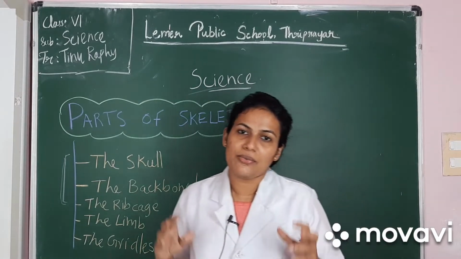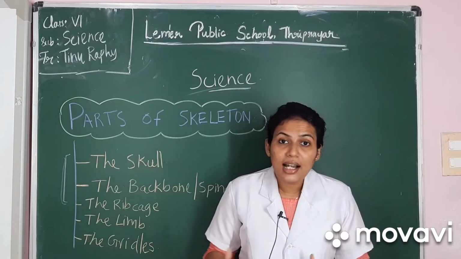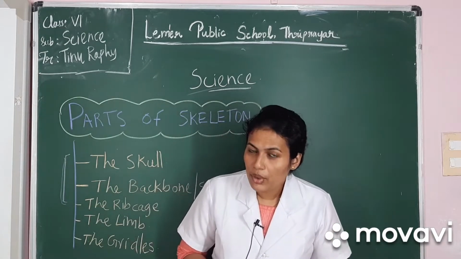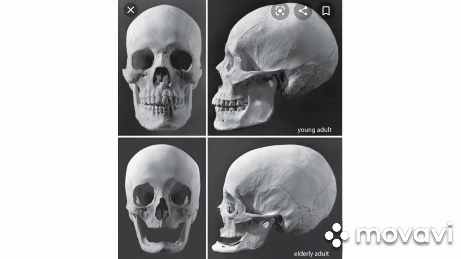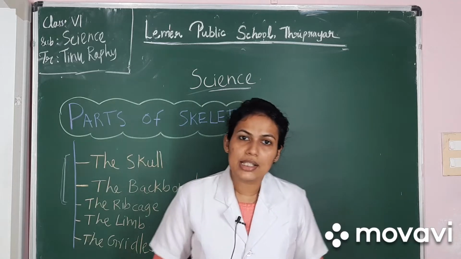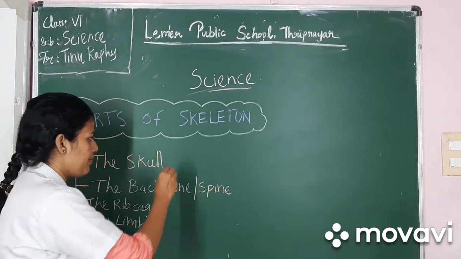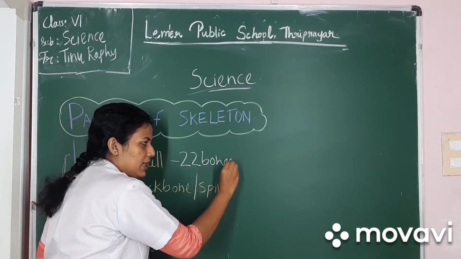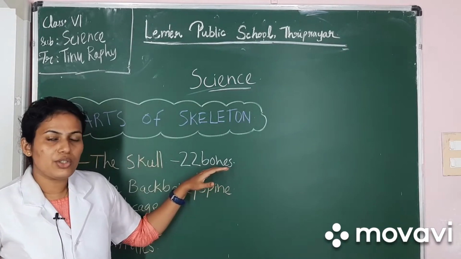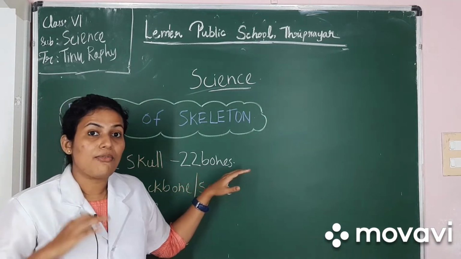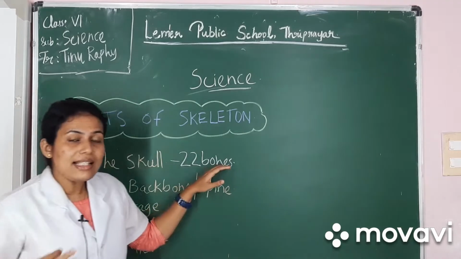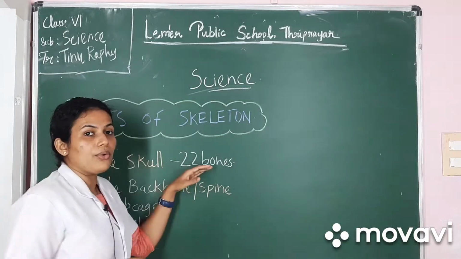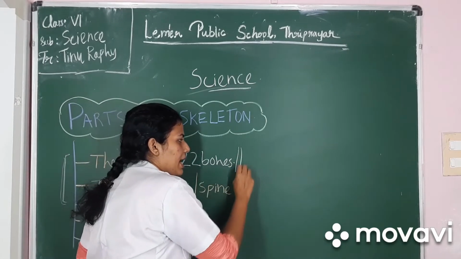So these are the features of skull bone. That is, the skull is the bone structure of the head. This is the picture of the skull bone. This skull bone consists of 22 bones in total, and out of these 22 bones, 8 bones are flat bones, and these 8 bones form the brain box or the cranium.